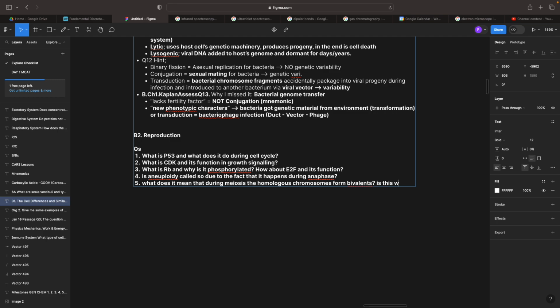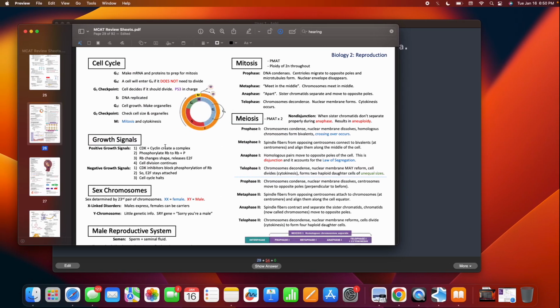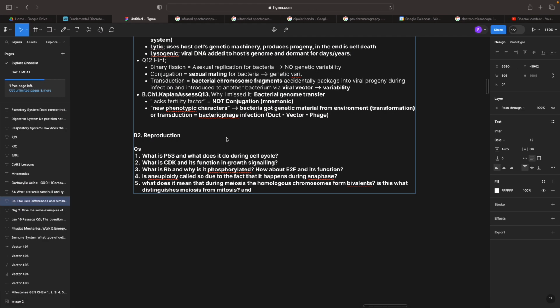Is this what distinguishes meiosis from mitosis? And what is crossing over of the chromosomes?